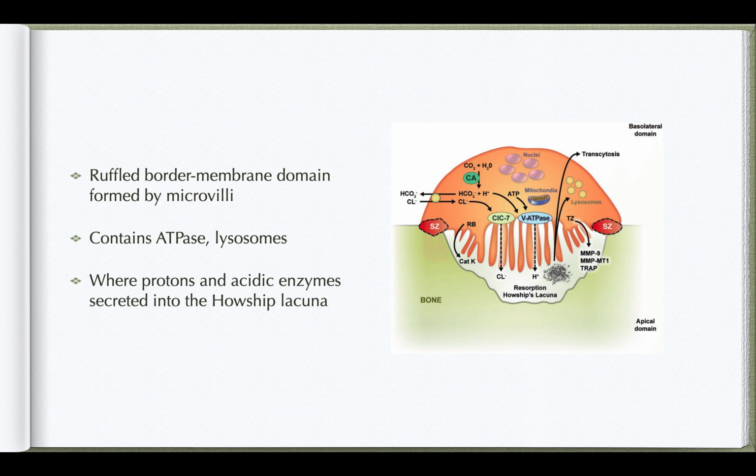The ruffled border is a membrane domain formed by microvilli. It contains the ATPase and the lysosomes, and this is where protons and acidic enzymes are going to be secreted into the Howship's lacuna. The peroxide, in particular, actually comes from the mitochondria.